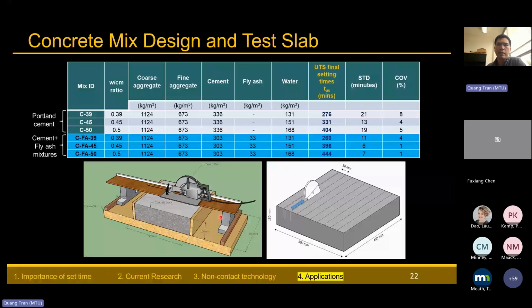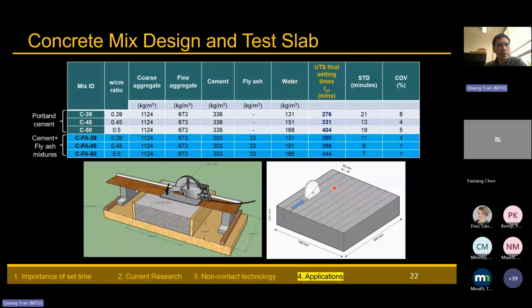To determine the right saw cut timing, I make different cuts at different times, with intervals of maybe 30 to 60 minutes, and I keep cutting until I see acceptable raveling damage. That is what I call the saw cut timing.